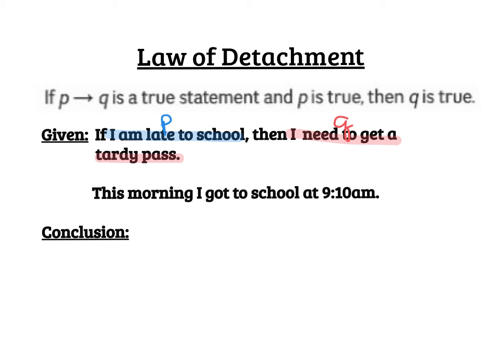Now when I look at the next statement below, this morning I got to school at 9:10 a.m., which one of those does it apply to? The letter P or the letter Q? Notice how 9:10 a.m. is the letter P. You're late to school, so this statement is P. I can then conclude that I will need a tardy pass.